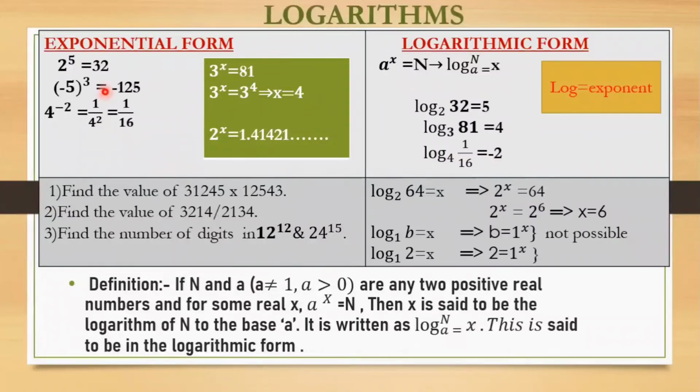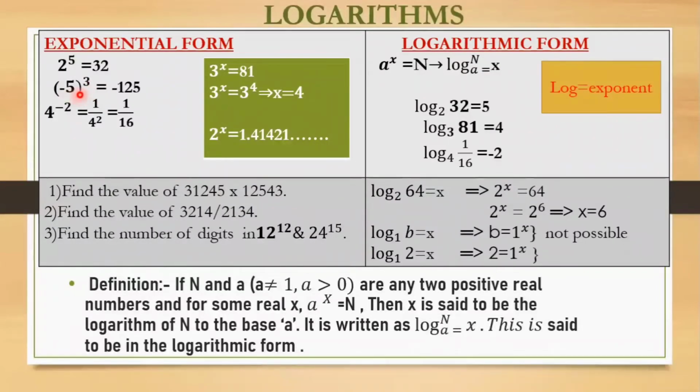Here are some examples of exponential form. First one, 2 raised to the power of 5 equal to 32. Here, minus 5 whole to the power of 3 means minus 5 is multiplied by itself repeatedly 3 times: minus 5 into minus 5 into minus 5.